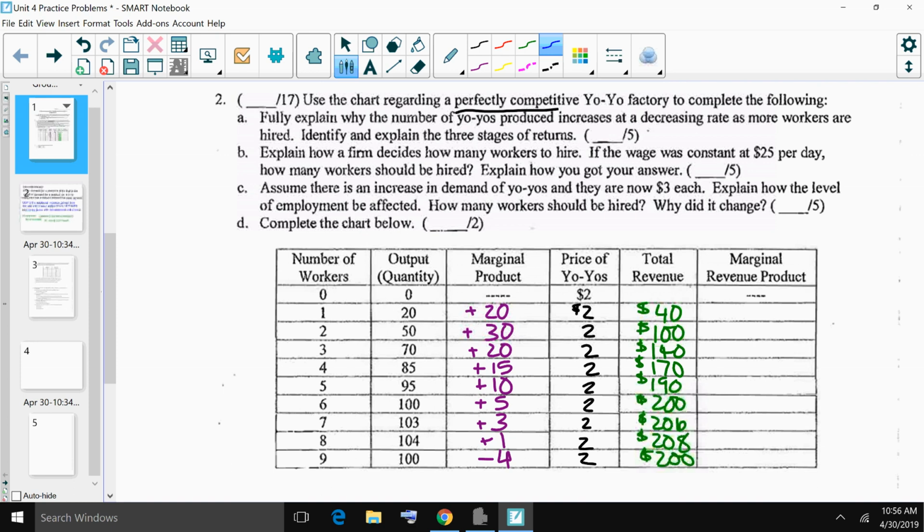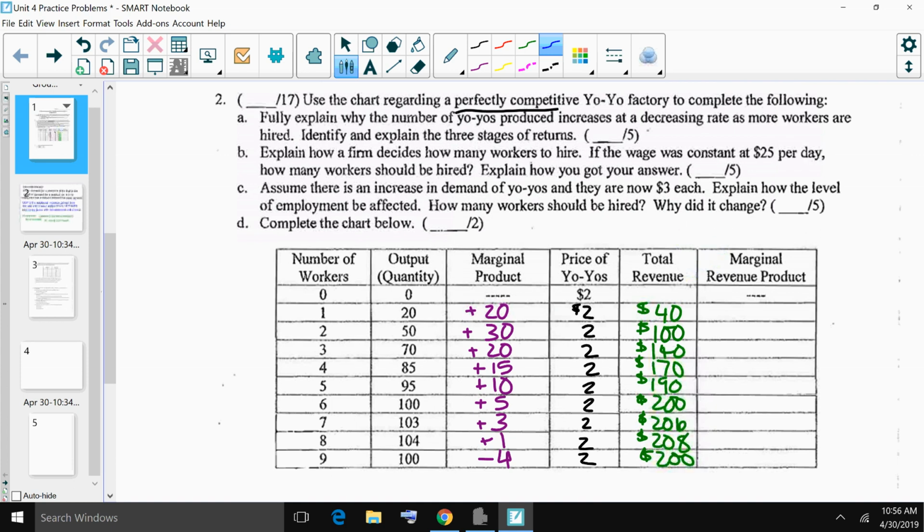So I'm going to look at that here. The other way I can find it is, because this is perfect competition, I could do MPP times price and get the same answer as change in total revenue divided by change in labor. Okay? I can use either formula and get the same answer.